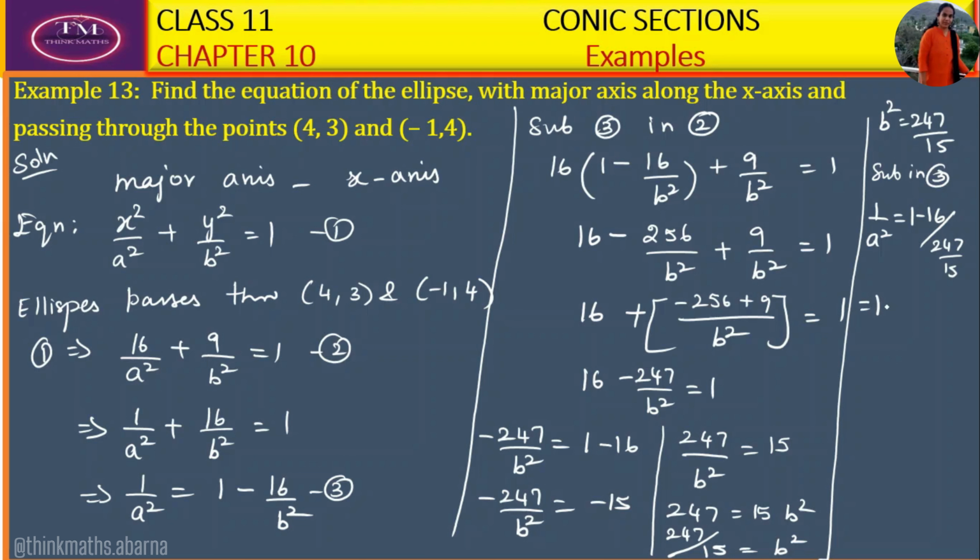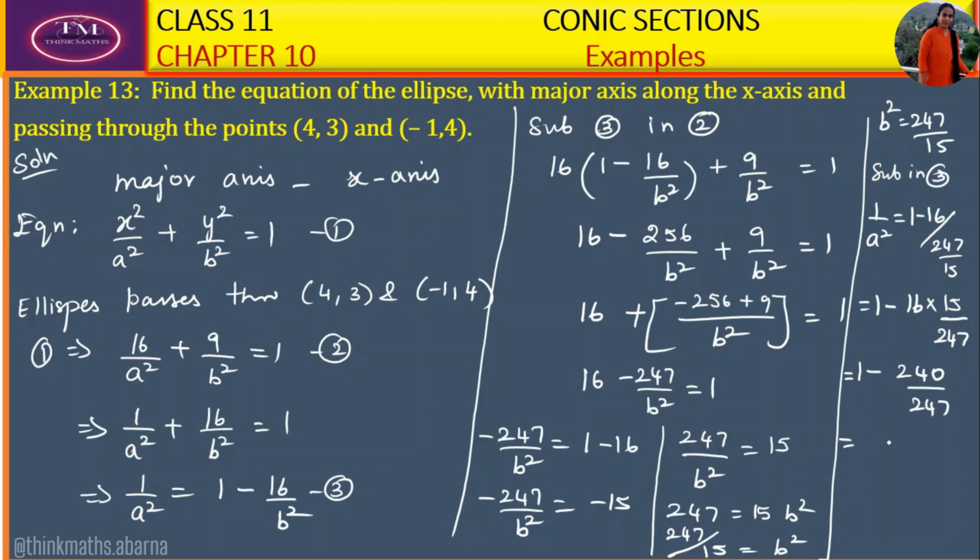So which is equal to 1 minus 16. If there is a denominator in the division, just make it as a product and reverse it. So it will be 15 divided by 247. So what is 16 into 15? 16 into 15 is 240. So 1 minus 240 by 247.